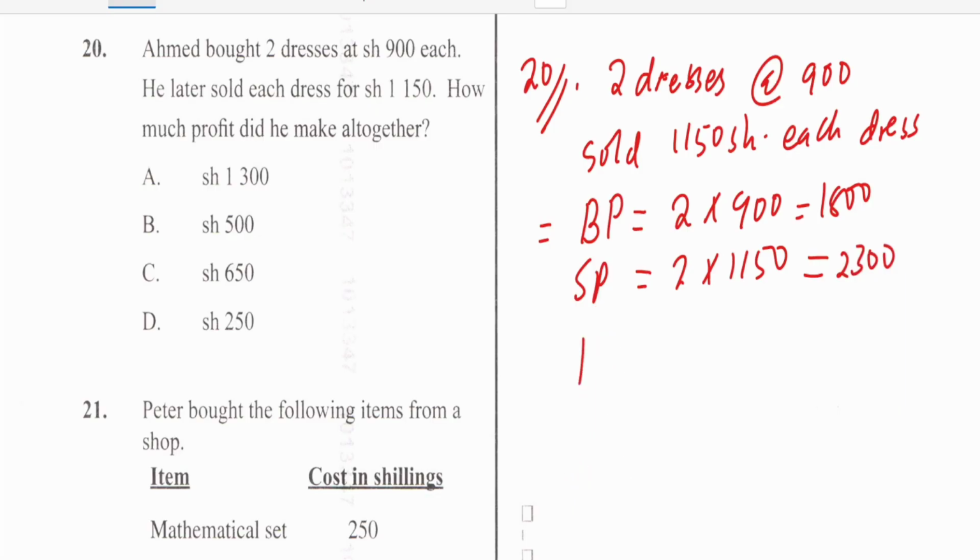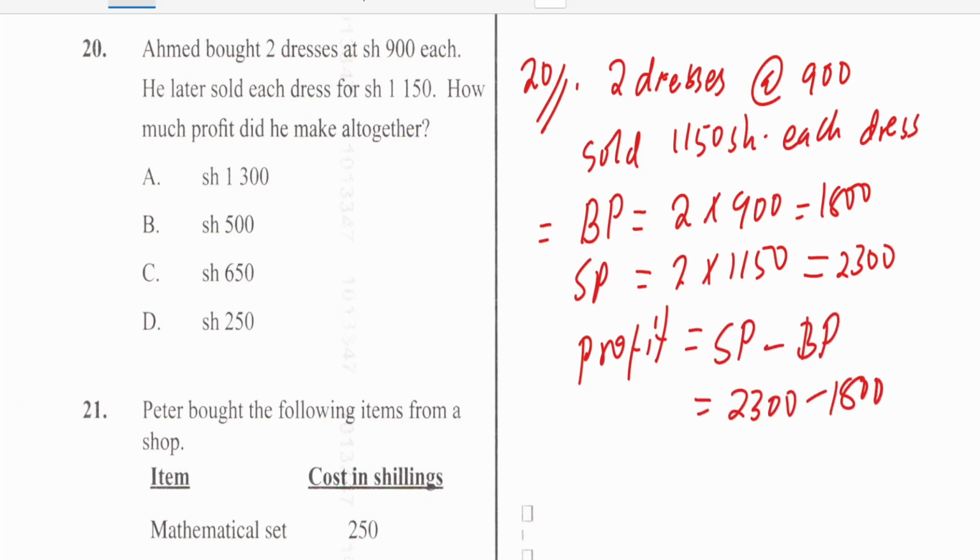For you to get profit, remember that profit is given by your selling price minus your buying price. So your selling price being 2,300 minus your buying price being 1,800 is supposed to be 500 shillings. So this is your answer.